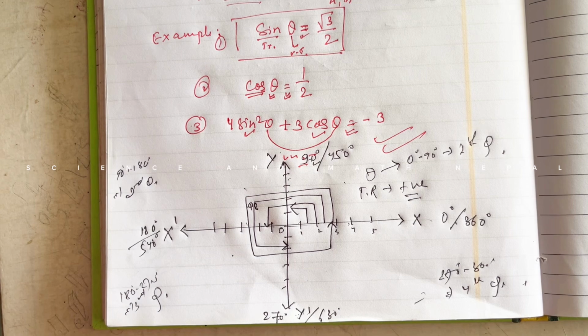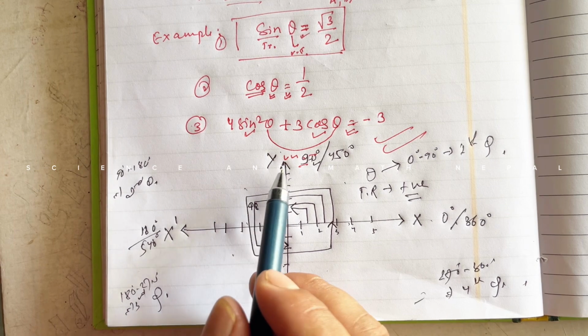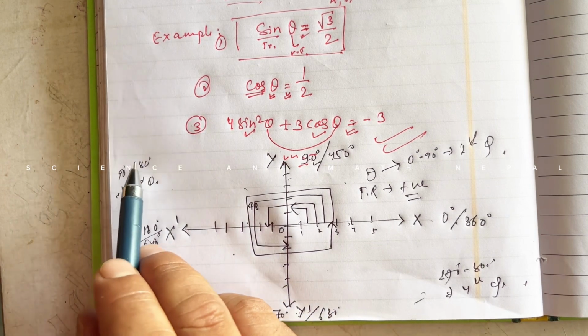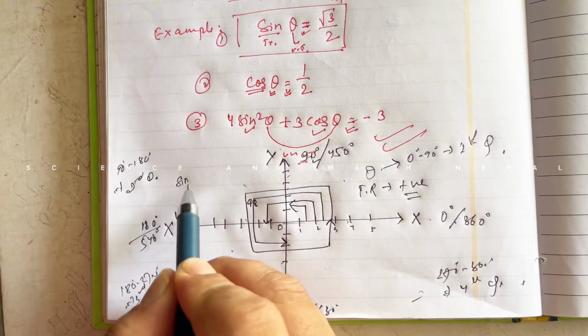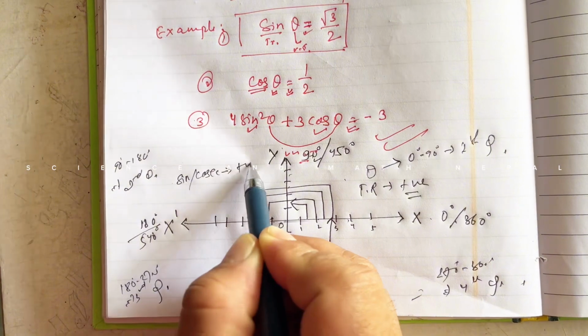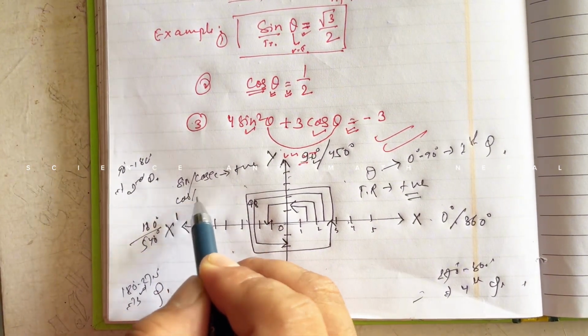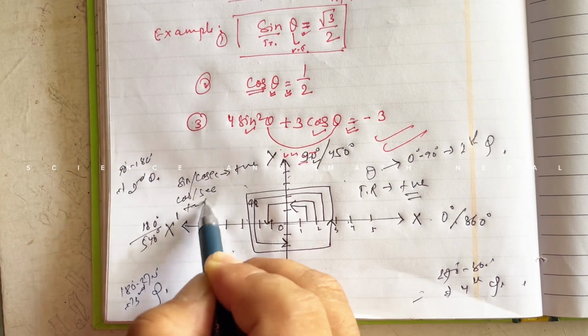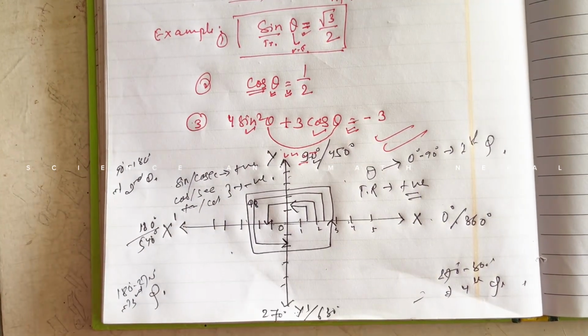In the same way, if the unknown angle of the trigonometric ratios falls in the second quadrant, that is 90 to 180 degree, sine and cosec will be positive, and the remaining cos, sec, tan, cot become negative.